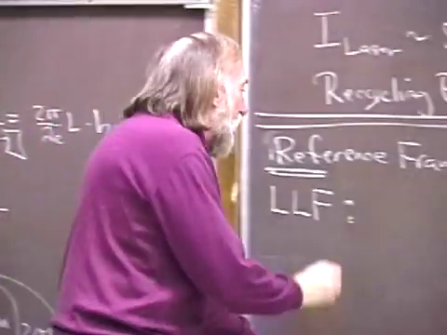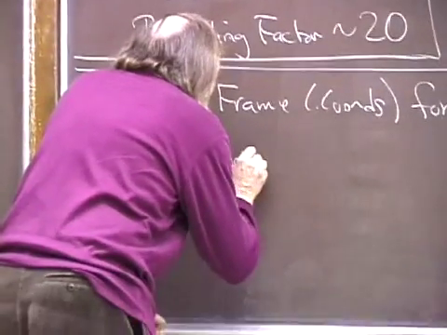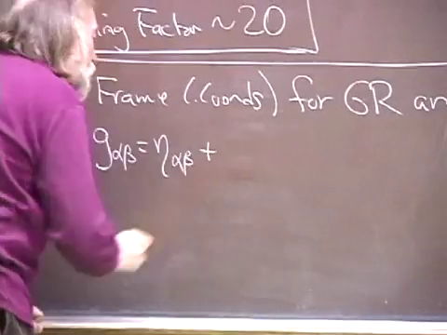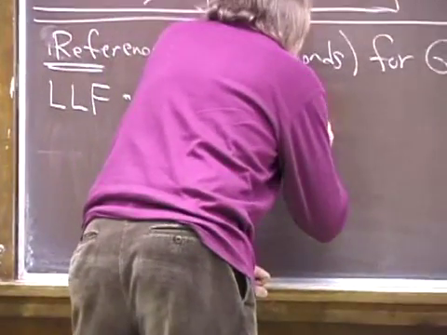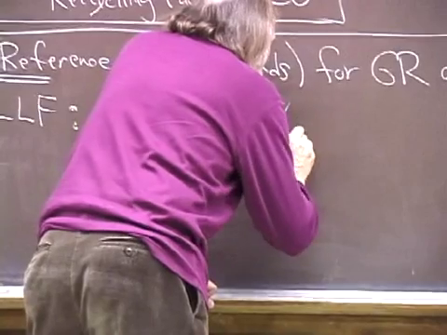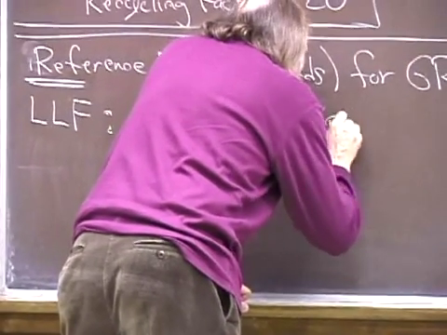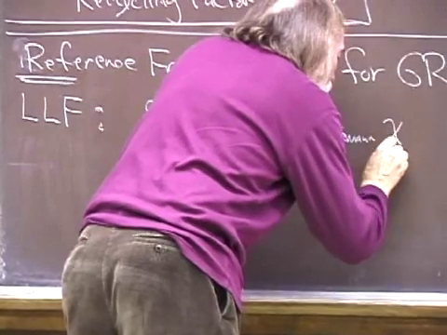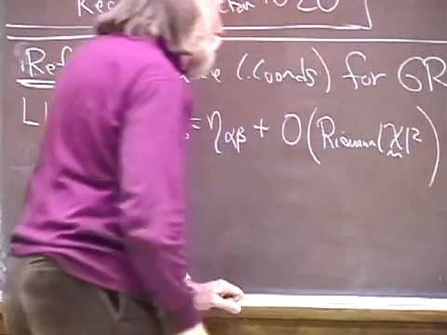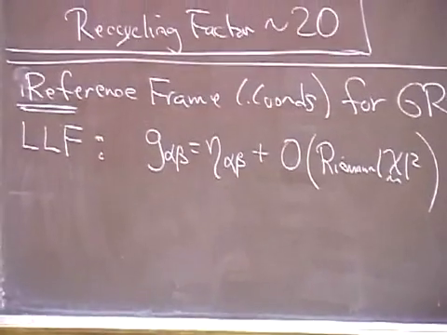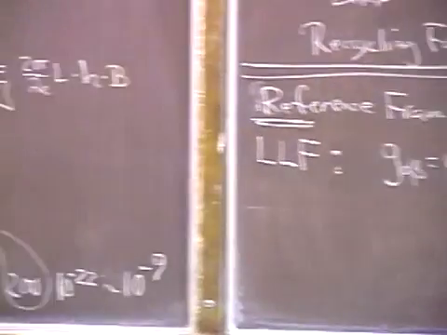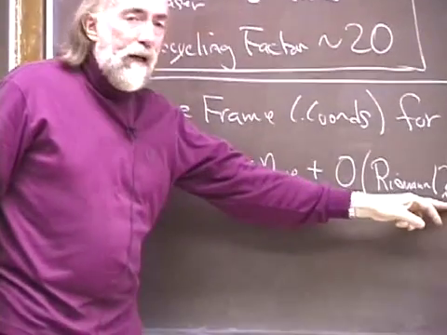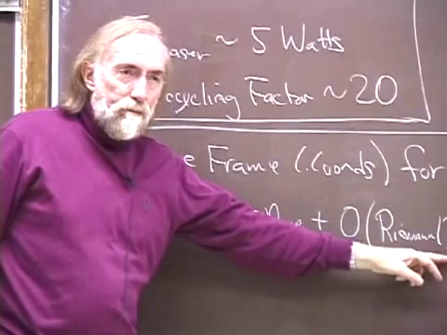In the local Lorentz frame, you'll recall the space-time metric is the flat space metric plus a piece that is of order the Riemann tensor associated with the gravitational waves times the spatial distance away from the chosen origin of coordinates. That's what the metric looked like. It was flat up to things that were second order in distance away from the origin.